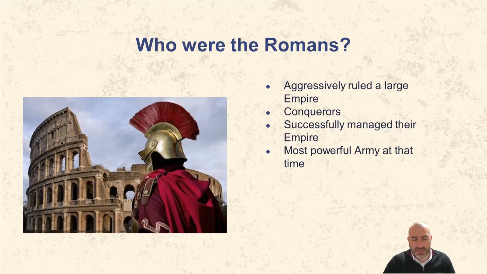They were unique at that time for their style of government and their military tactics. They managed to both successfully manage their huge empire and their army. They were first and foremost conquerors. They took land by force and they ruled its people by aggression and violence. Their army was famous for its tactics and its discipline.